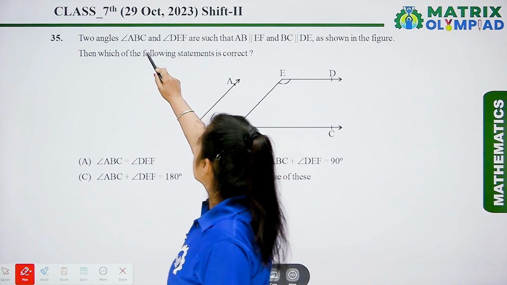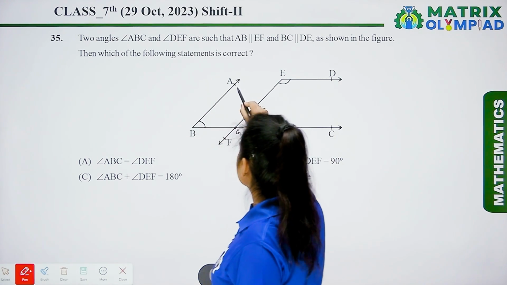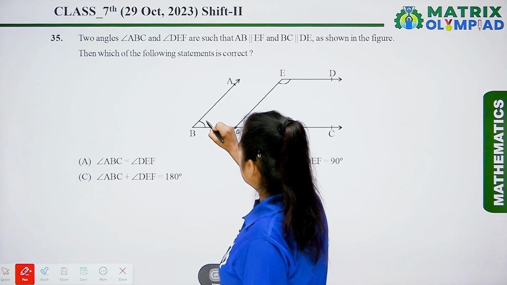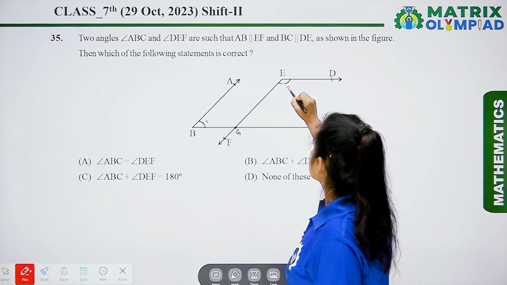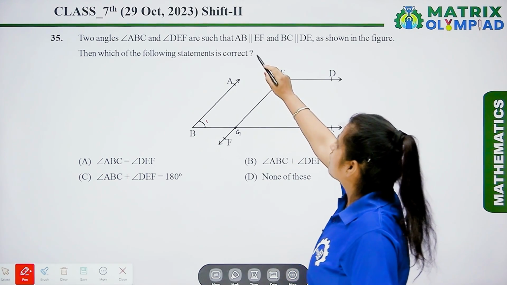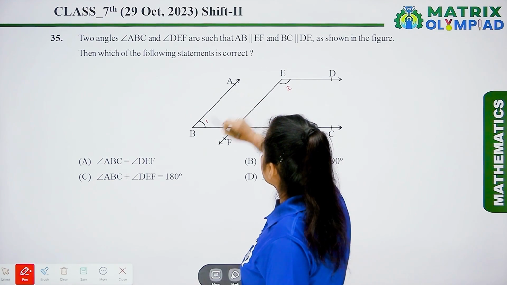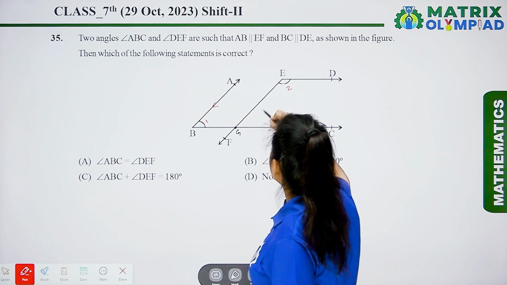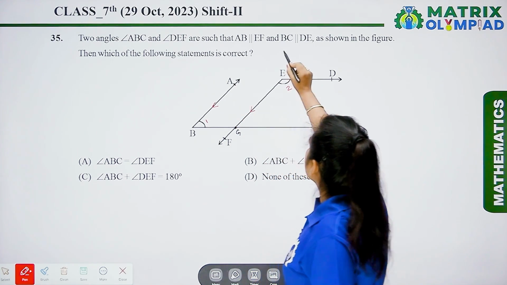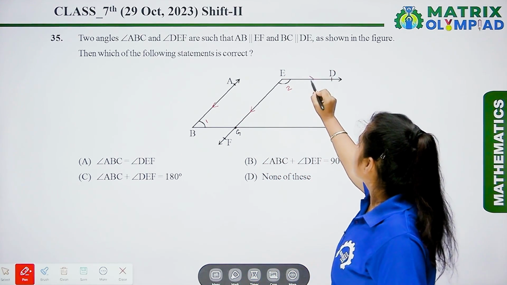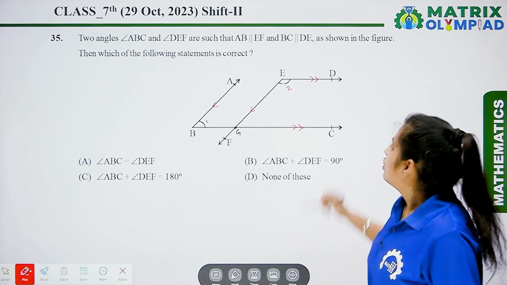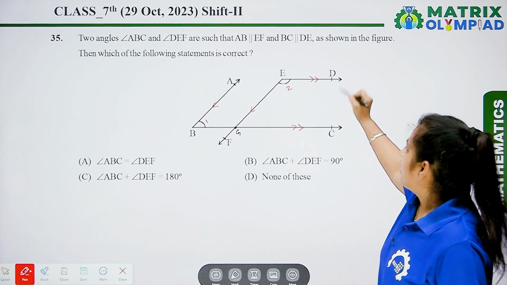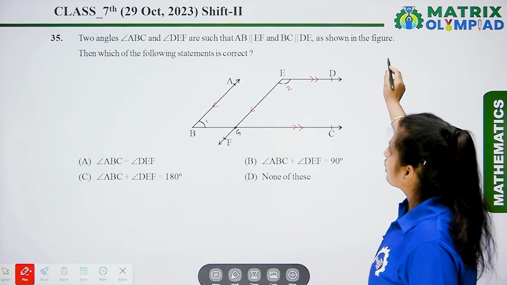Two angles, angle ABC and DEF, are such that AB is parallel to EF and BC is parallel to DE, as shown in the figure.